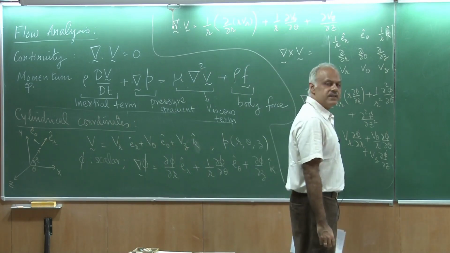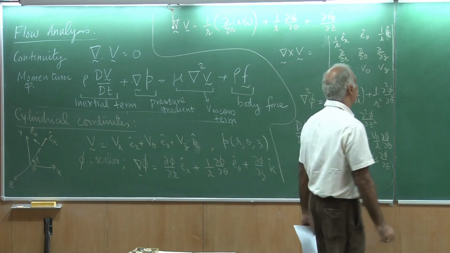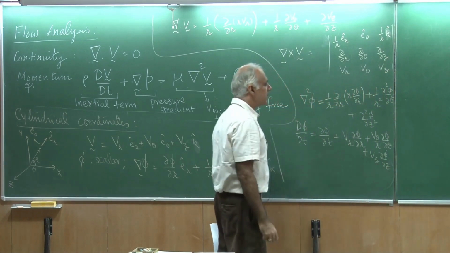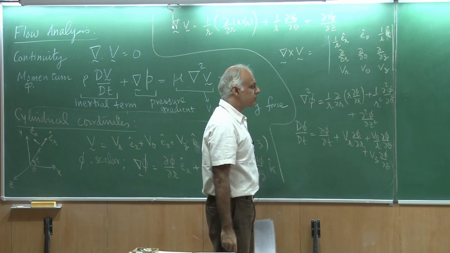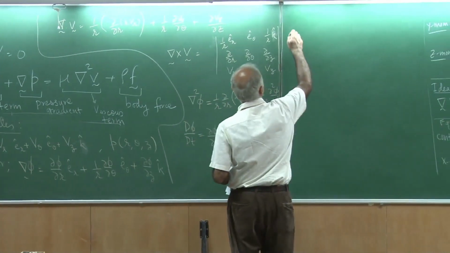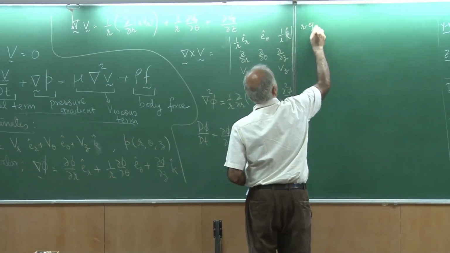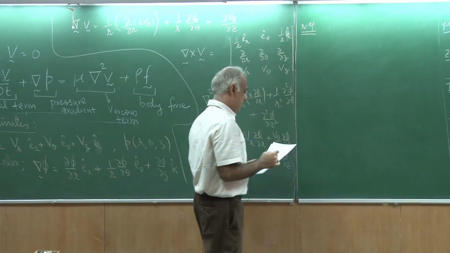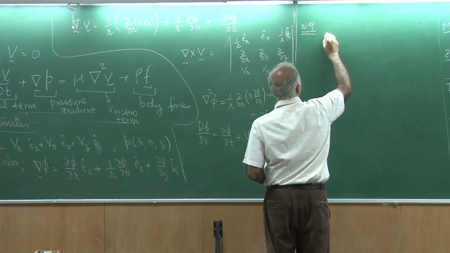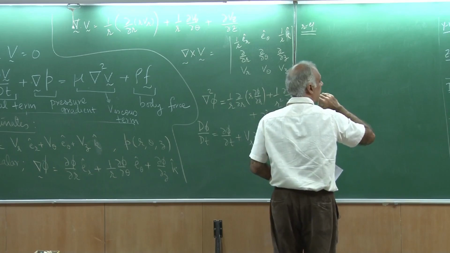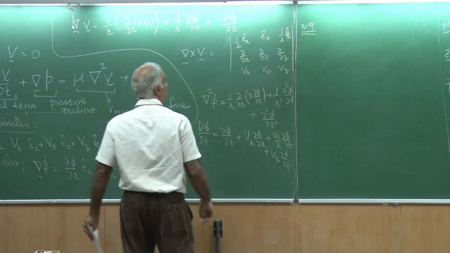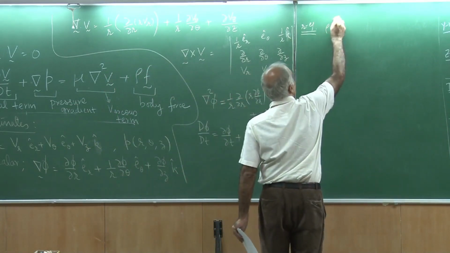Let me now write down the Navier-Stokes equations for you in the cylindrical coordinates. So this is going to be a little bit messy, but I just want you to get used to them. So first the r equation. So I would have to first write down the term which is actually this rho dv dt. So let me do that here.